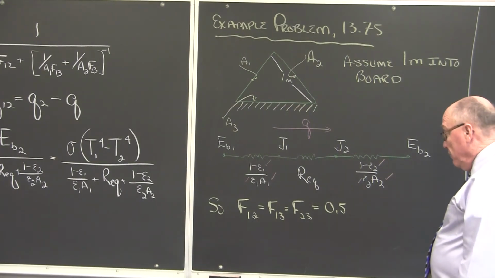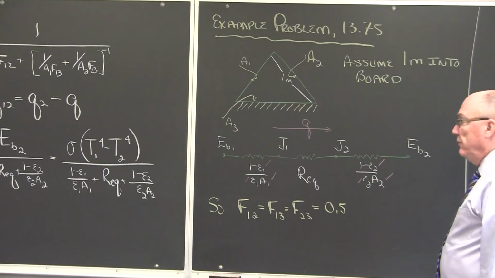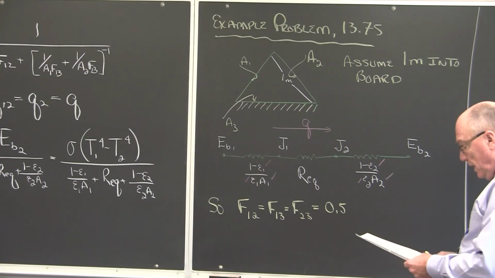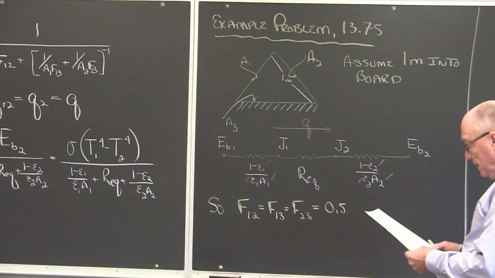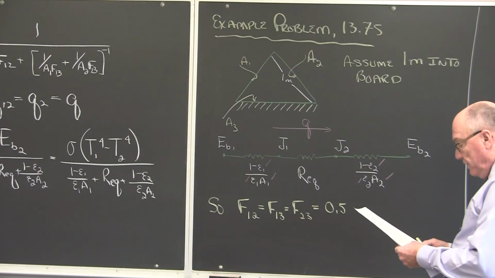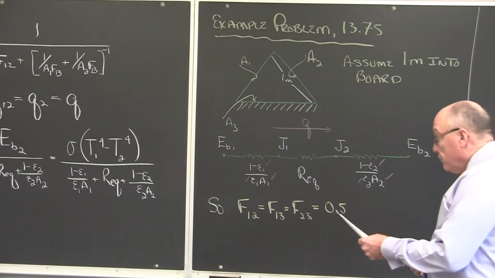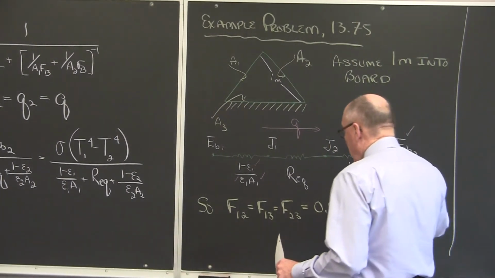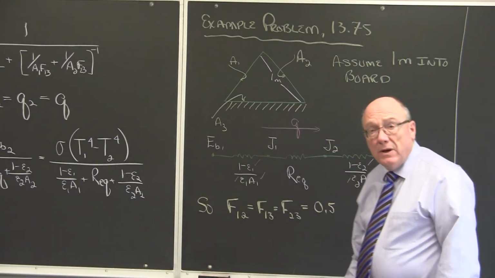So that means we can go ahead and solve for these different values. If we do that, we can come up with a value for the total heat transfer, because we know the temperature at 2, and we know the temperature at 1.